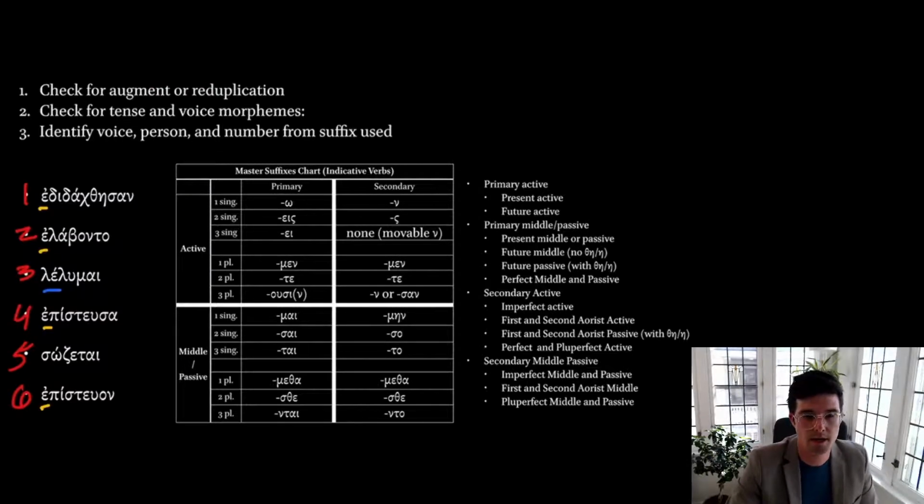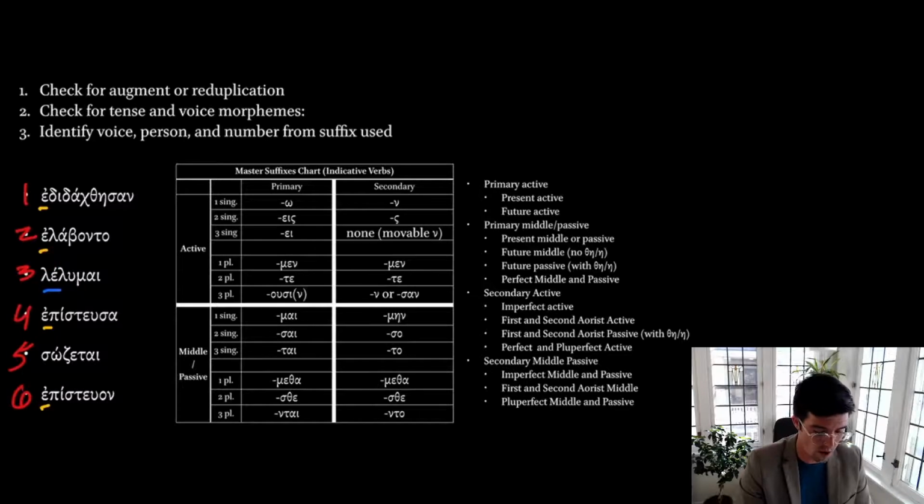And so it looks like this. Number 1, number 2, number 4, and number 6 all have the epsilon augment. So in no case do we have a lengthened vowel. This is all the simple or the usual form of the augment that you'll see. And then we have reduplication in number 3, lelumai.